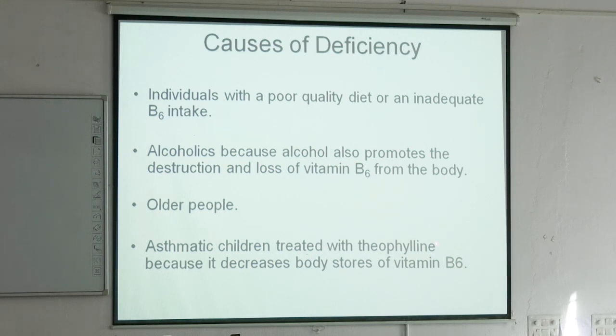Asthmatic children treated with theophylline: theophylline increases B6 requirement. Tuberculosis treatment increases B6 requirement. In cancer patients, B6 requirement is increased. So they have deficiency of B6 not due to poor diet, but due to increased utilization.